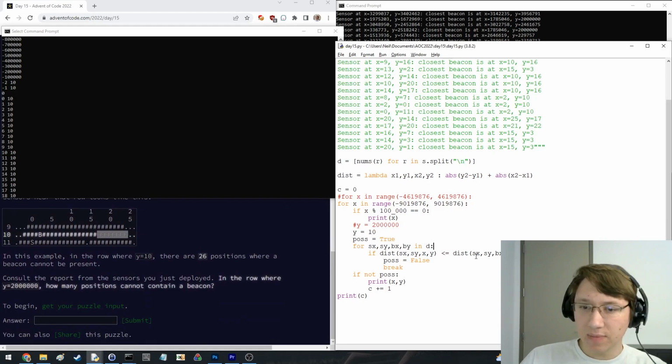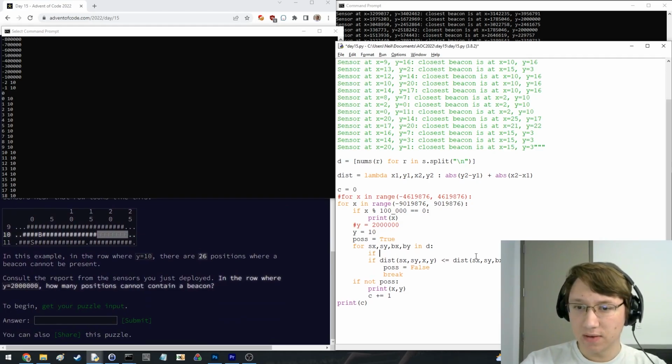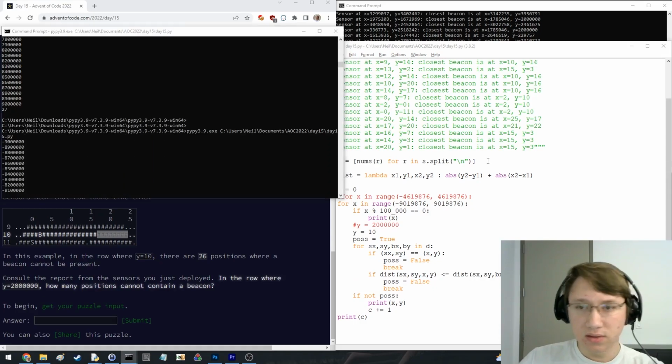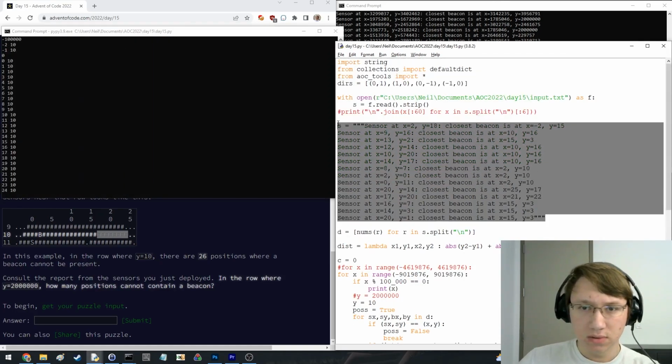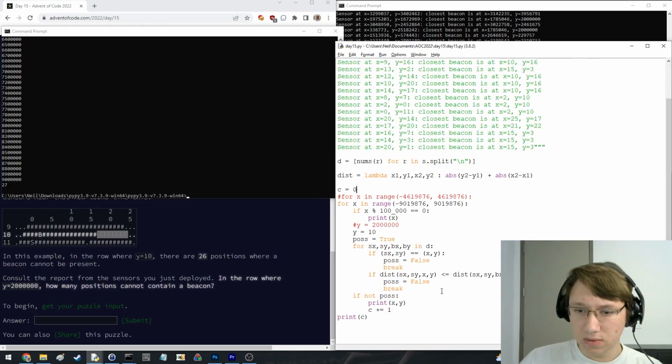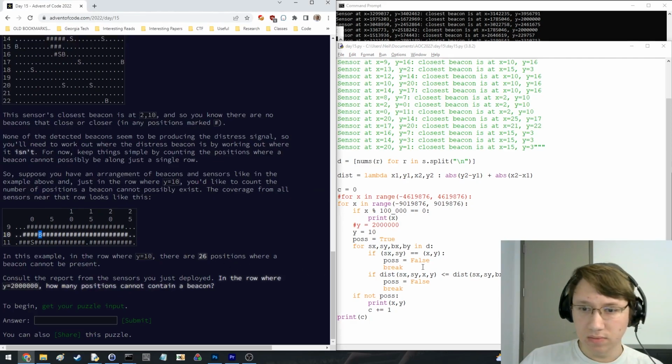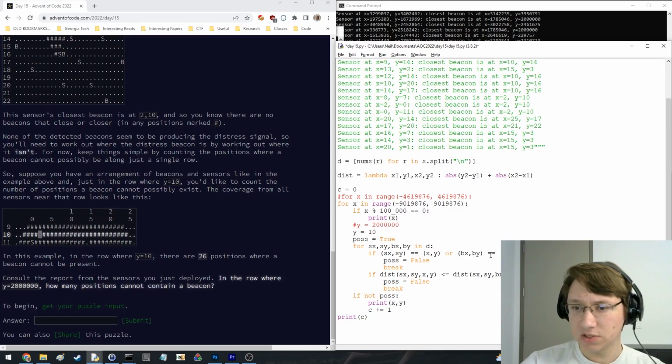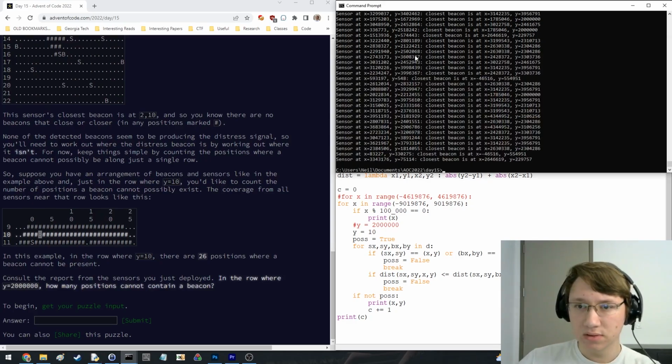Oh, I guess there can't be, if we can't be where a sensor is. So I think this is the right correction. Because there will be things in this row. No. I thought this condition should be handled.